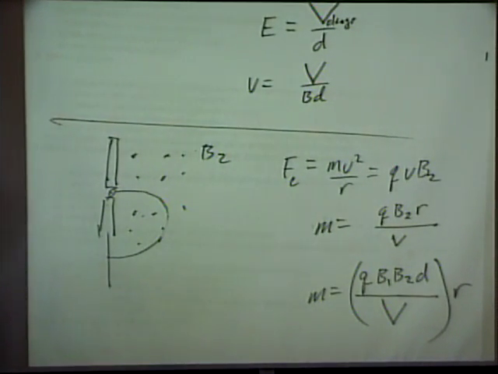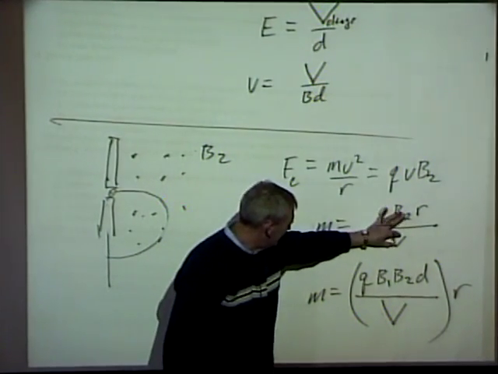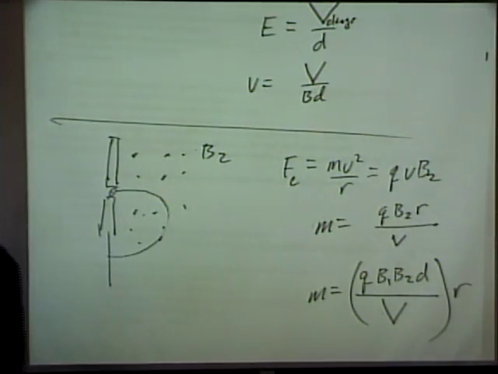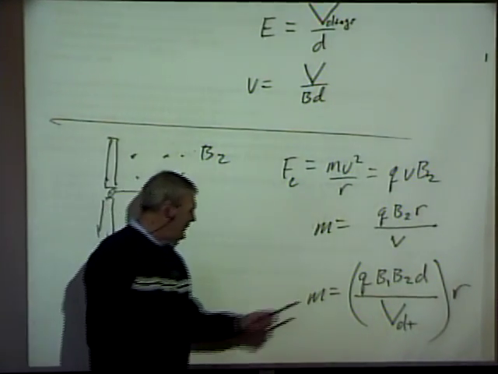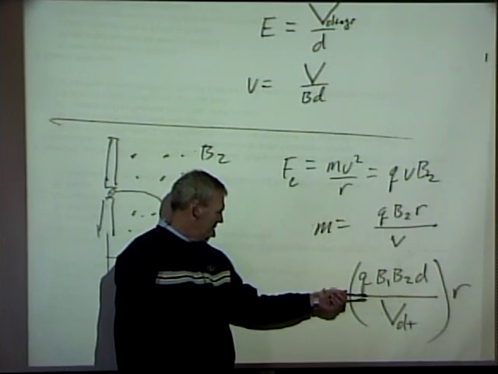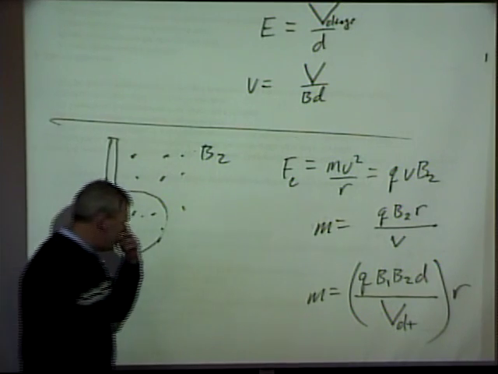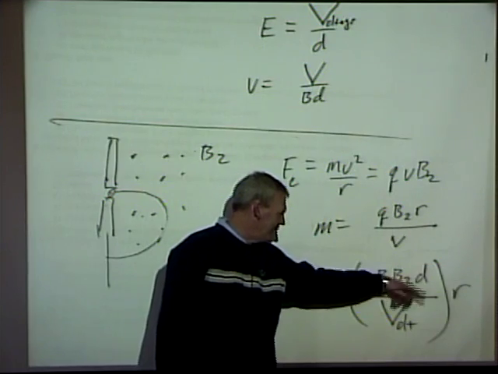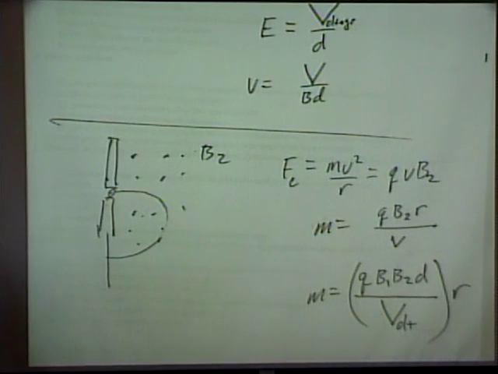Now that's in your book, but basically what I did was I took this guy and plugged him in here for V, where this is voltage now. In other words, on that piece of equipment, if we're dealing with certain things, we'll know what the charge is. We know what the magnetic field is because we set them on both B1 and B2. We know the distance of that capacitor, and we know the voltage that we're charging that thing up to, and so we can find the mass.